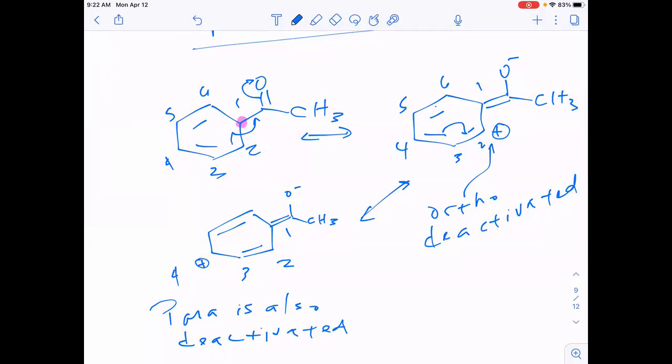But if you notice, in both cases, you got a pi bond here at 3, where a pair of electrons can be used. And here you also have a pi bond at 3 in the second resonance structure. So the meta position is activated, but the ortho and para positions are deactivated.